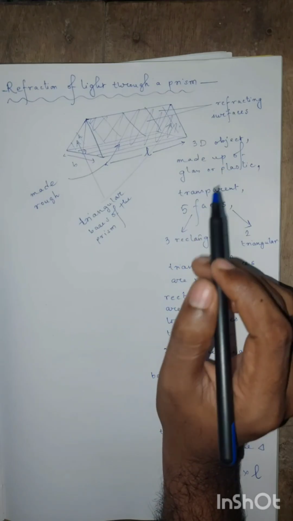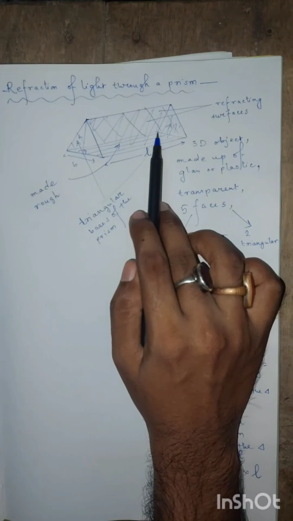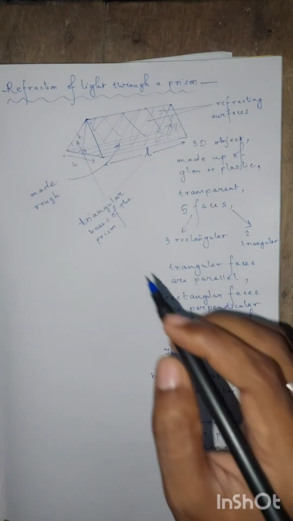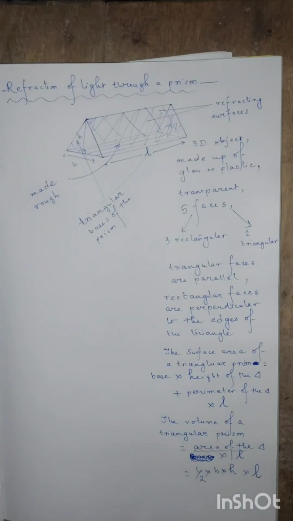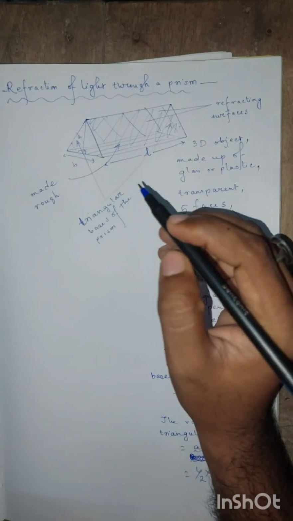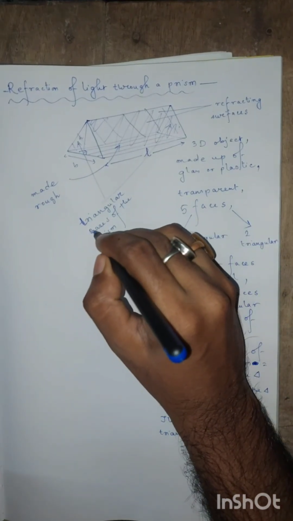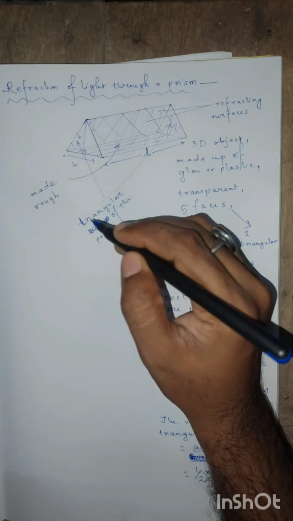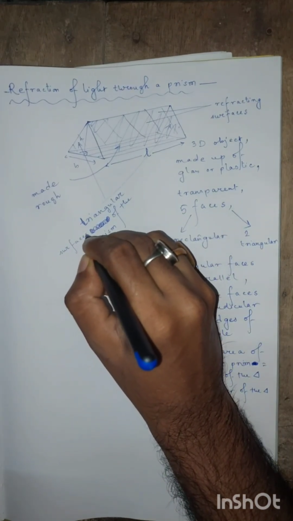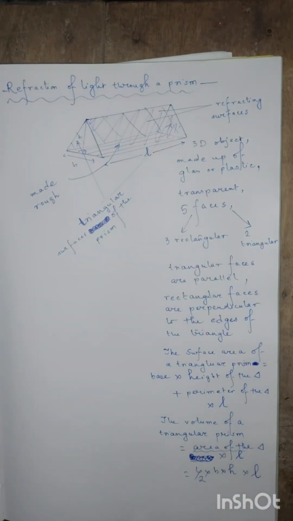But in physics, the lower surface is called the base in case of a refracting prism. So in this case, we are not using this term. We can write triangular surfaces of the prism. We are not using the term bases.